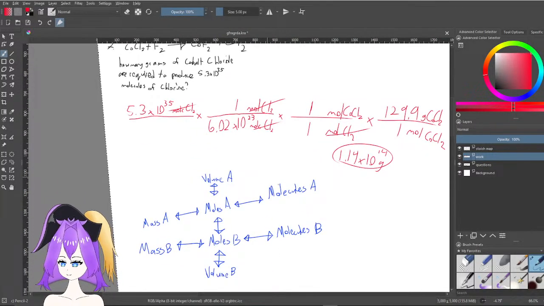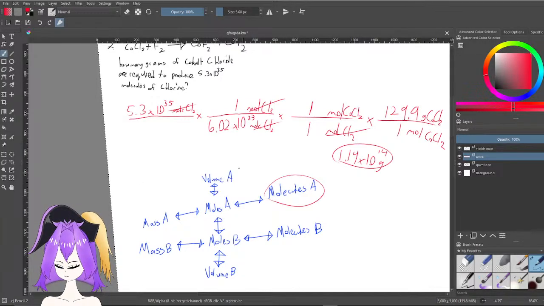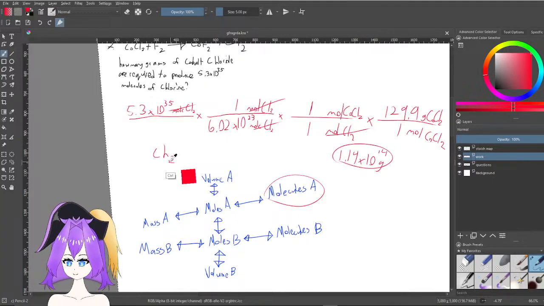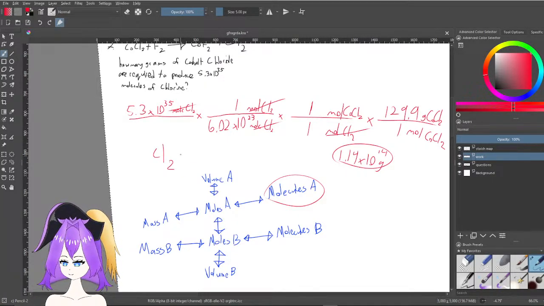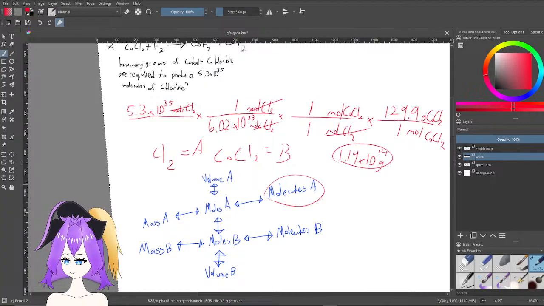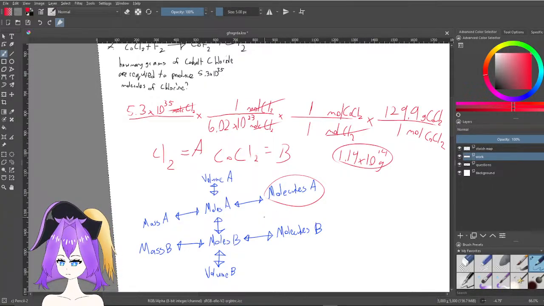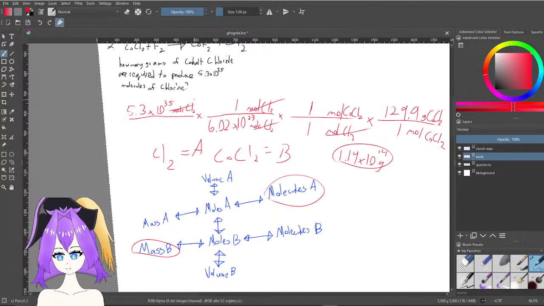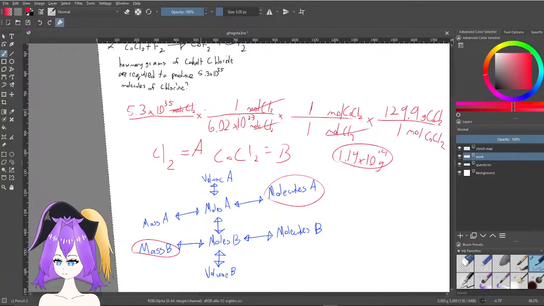Because we're going from molecules of A, right? Okay, I'm going to mark Cl2 equals A, CoCl2 equals B. So go to grams of B. So we're going from molecules to moles to moles to mass.